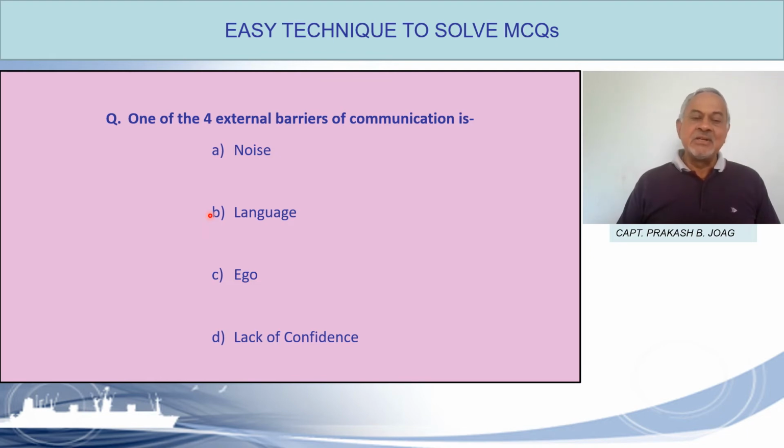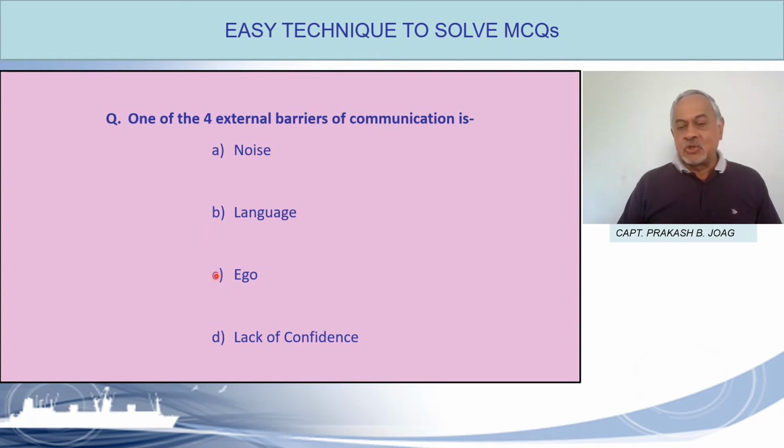So language is your internal, because it is not external. How? If you can speak the language, that cannot be a barrier. And if you cannot speak the language of the other person, then this can be your barrier, but this is an internal barrier.